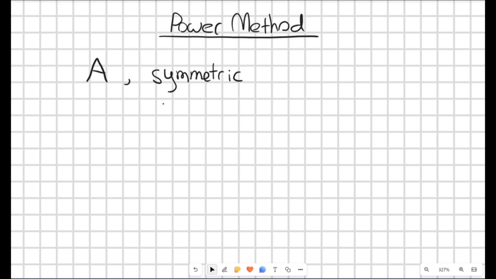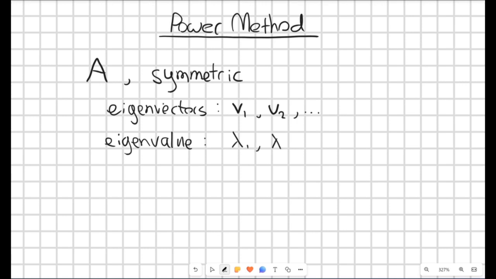And we're going to say that A has some eigenvectors, which we'll write as V's. So we've got a V1, a V2, and so on, up to the width or height of A. And for each of those, there's a corresponding eigenvalue, lambda 1, lambda 2, and so on.